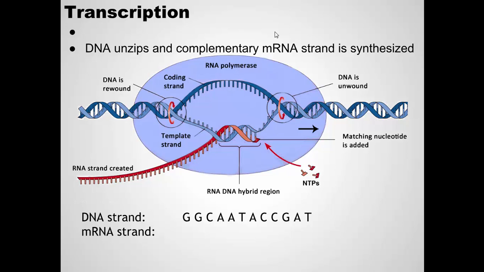So the steps of protein synthesis, they have 2 different names. One is transcription. Transcription is when you take the DNA gene and copy it to messenger RNA. Happens inside the nucleus. And the way it works makes sense.